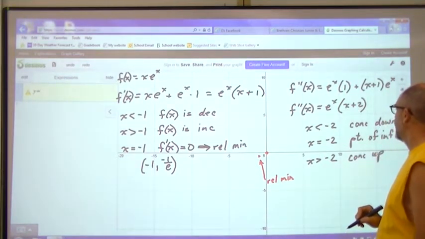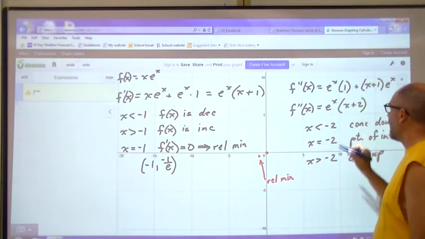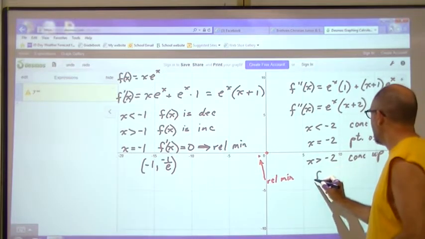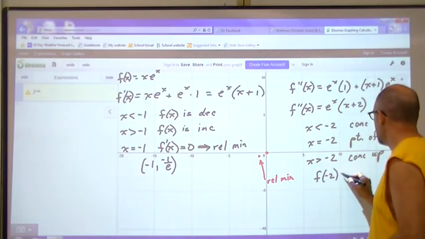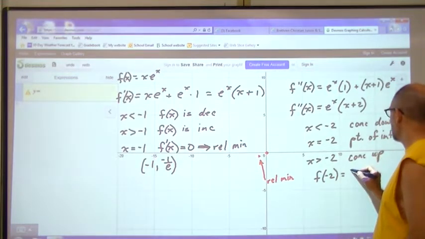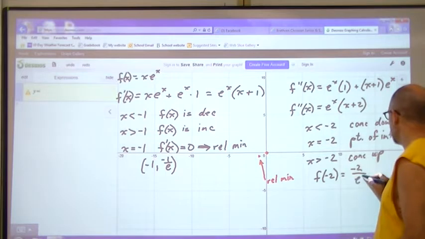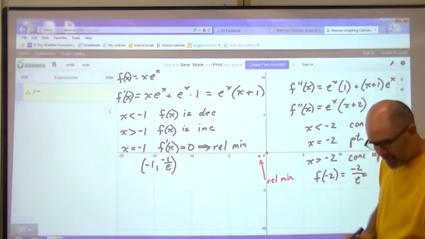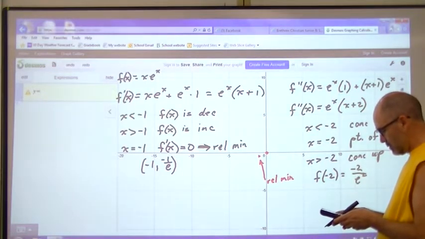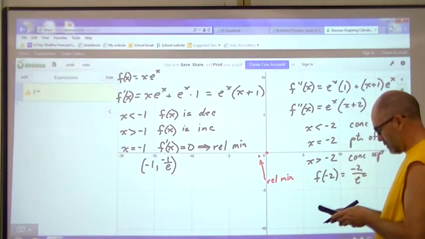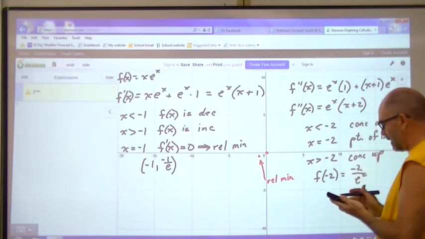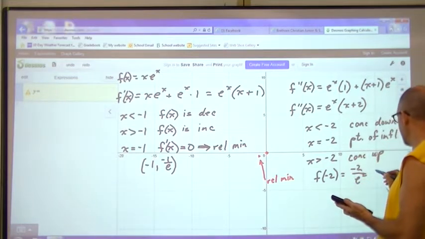Okay, so if I plug in x equals negative 2 into my function, then I've got f of negative 2 equals negative 2 e to the negative 2, or negative 2 over e squared. And that equals negative 0.27067.